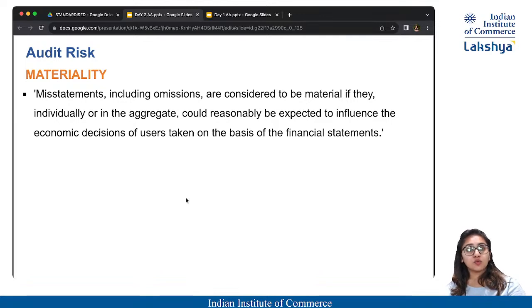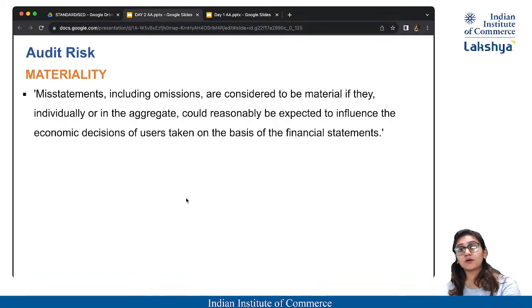Misstatements including omissions are considered to be material if they individually or in aggregate could reasonably be expected to influence the economic decisions of users taken on the basis of the financial statements. So, misstatements including omissions are considered to be material if they can affect your decision whether to invest in the company or not. For example, I go to invest in company A and the company A has omitted something.